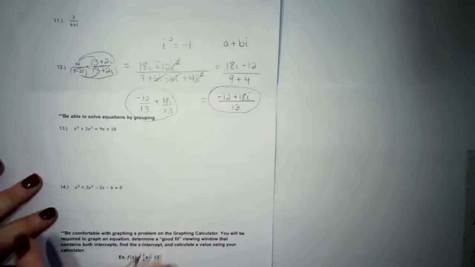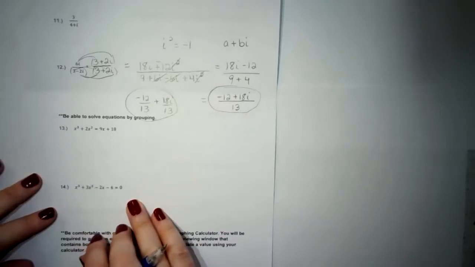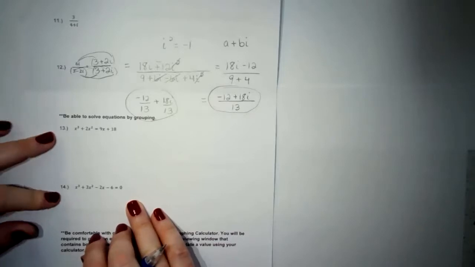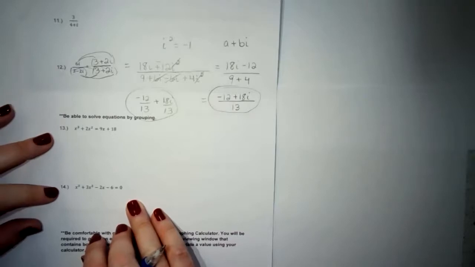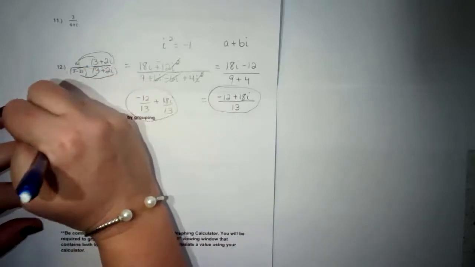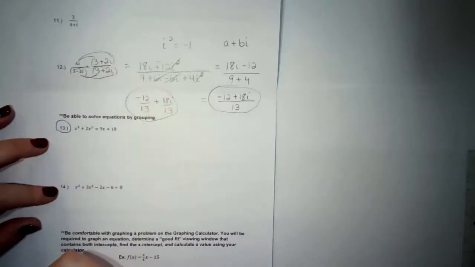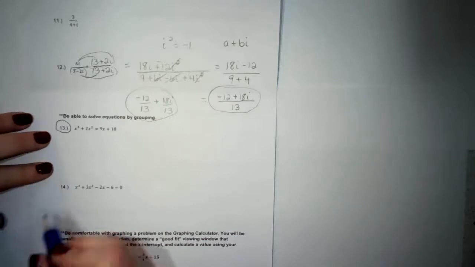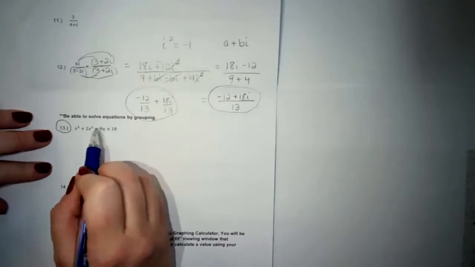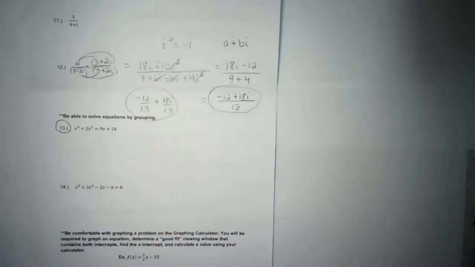All right, now we want to solve by grouping. Everybody okay with that? You have 2 grouping problems, so you can certainly practice 13 and 14, but yours is going to look more like 13, okay? Why does it look like 13? Because you're going to have stuff on each side.